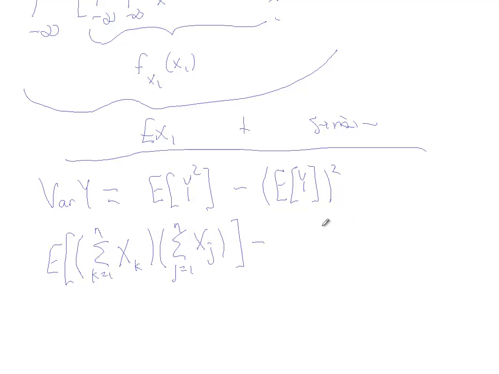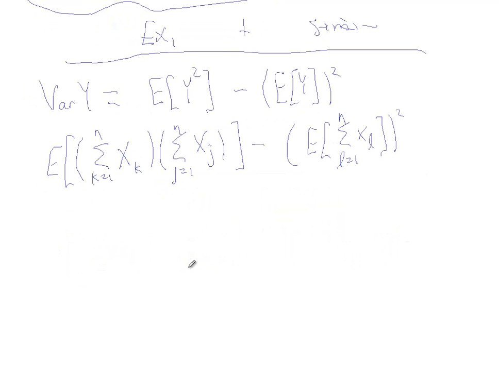Now this is similar, but you need to be careful. This is the expectation of y, which is the expectation of the sum. And here let's use another index, l equals 1 to n of xl, squared. All right, so how am I going to deal with this?